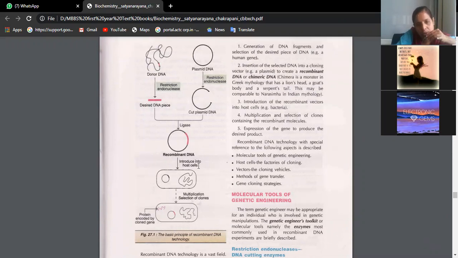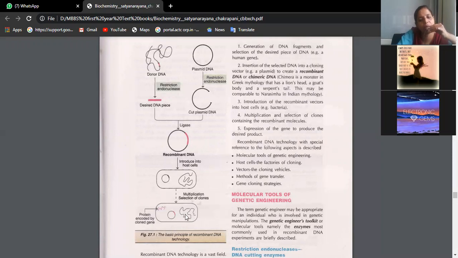So now you are introducing this plasmid into the bacteria. And of course, this bacteria will have all the enzymes which are required for the synthesis of that particular protein, that is insulin. Now this is our plasmid DNA, which is called recombinant DNA, which has successfully synthesized the desired protein.